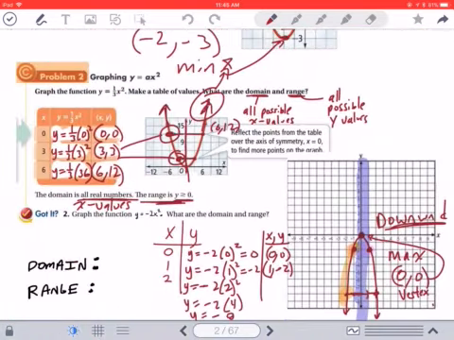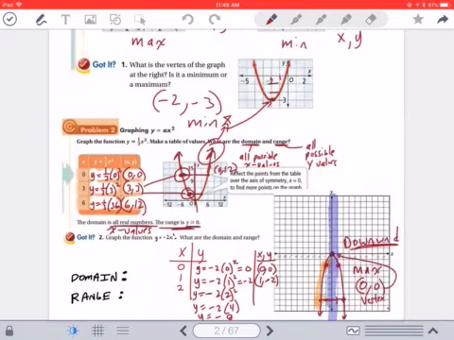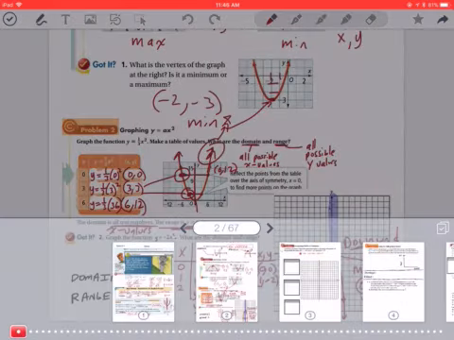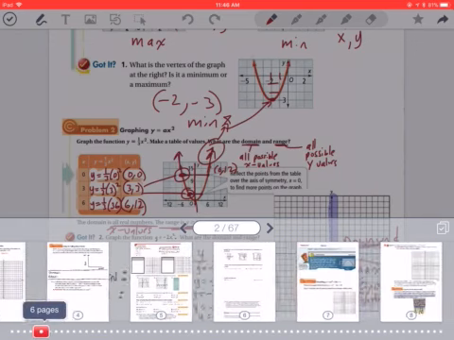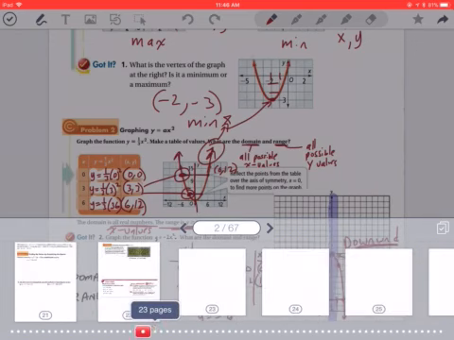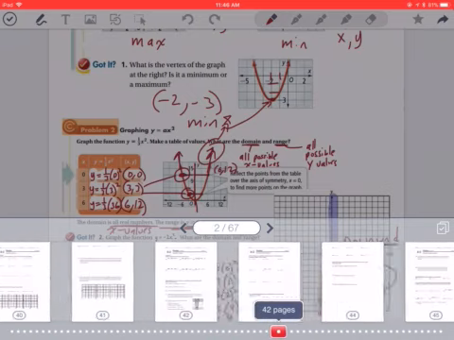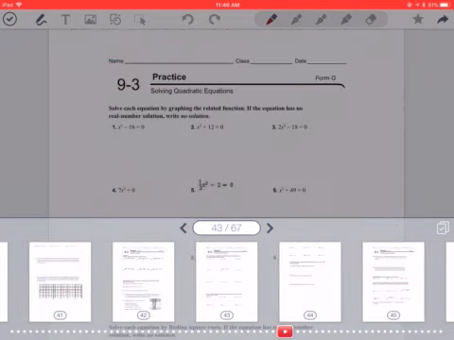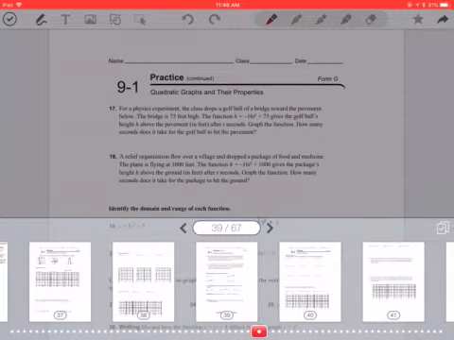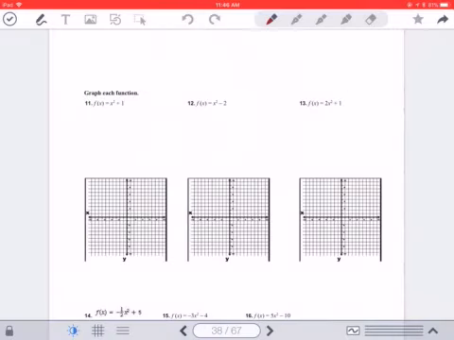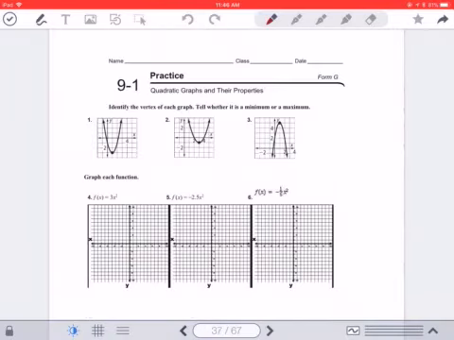All right, so we'll leave off there. Your homework is, if we scroll all the way down, kind of a long document here, scroll to 9-1. So find it. It is going to be page 37.